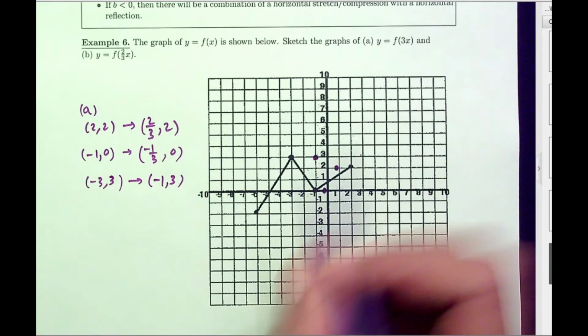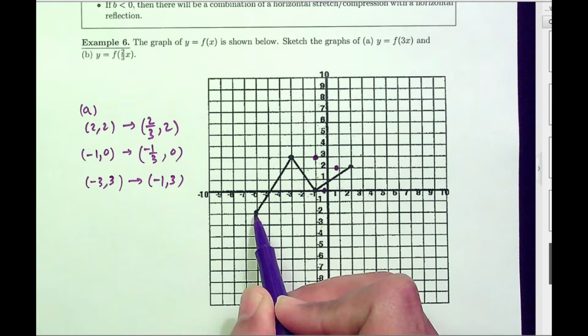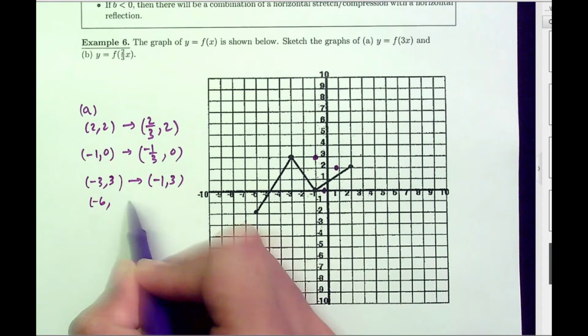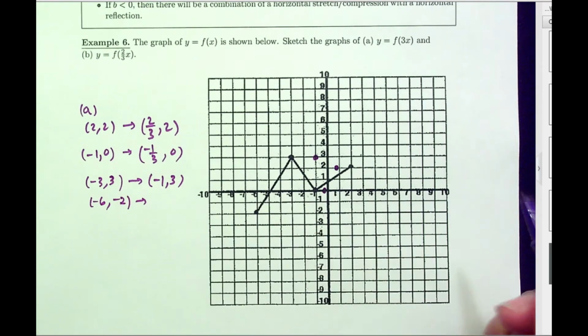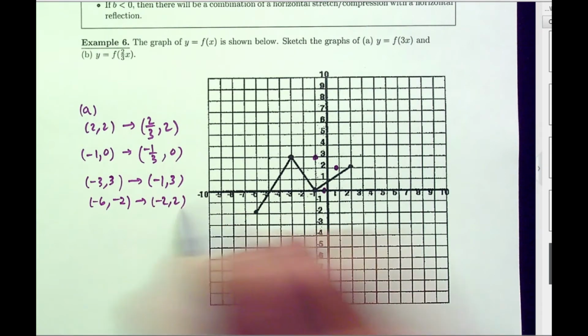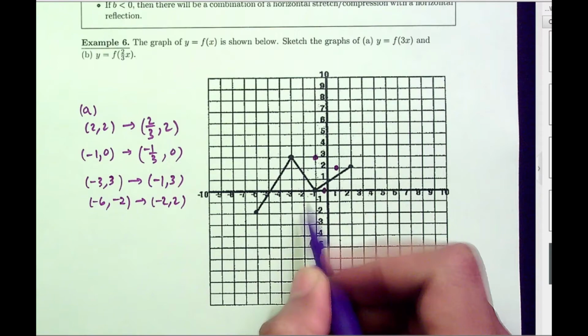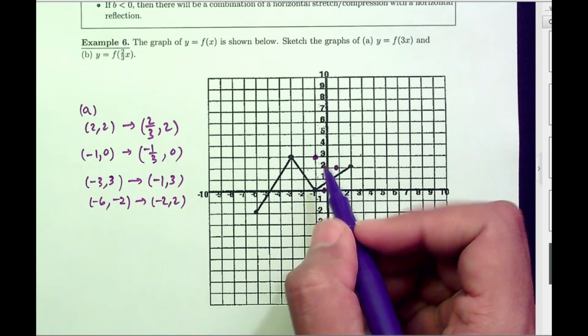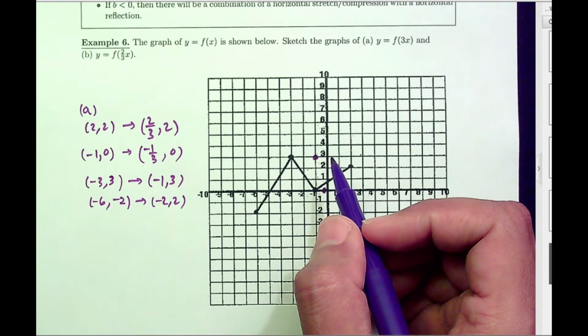And lastly, the coordinates of this point are -6, -2. So you're going to take the x coordinate divided by 3. So this is -2, 2. -2, 2. This is right here. Wait a minute.